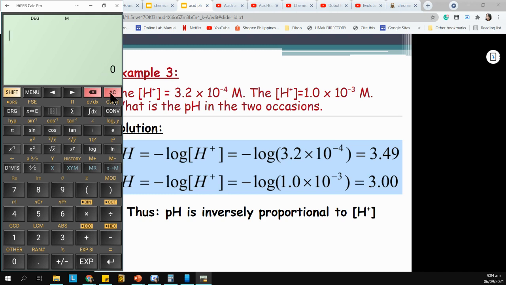Since we're looking for the pH, madali lang. Negative log of the given value, negative log of 3.2 times 10 to the negative 4. Type nyo lang siya. Log, 3.2, exponent negative 4. Okay? Since negative siya, pindutin nyo lang yung negative sign.